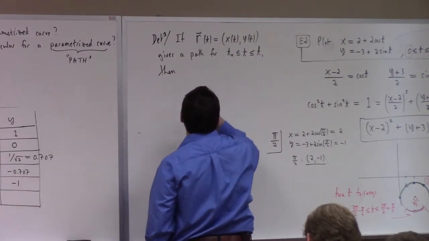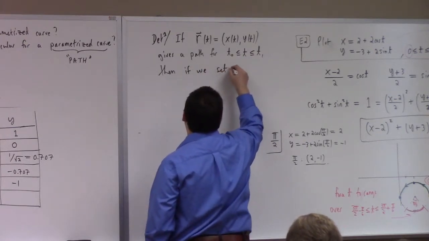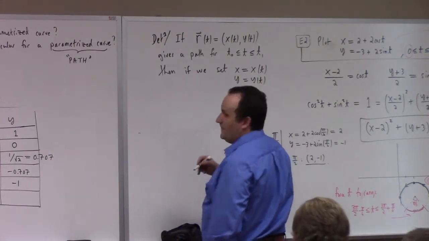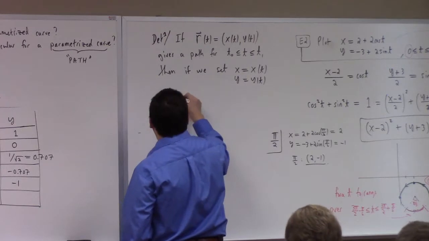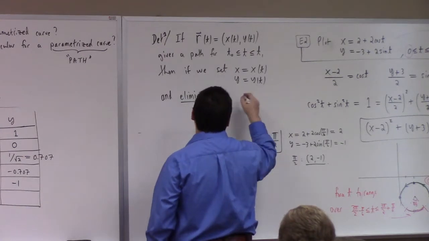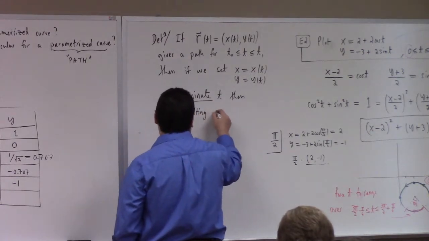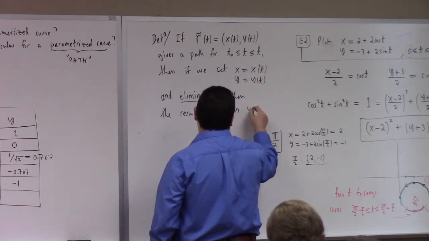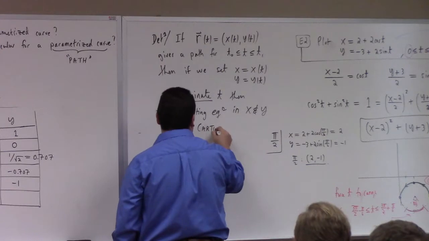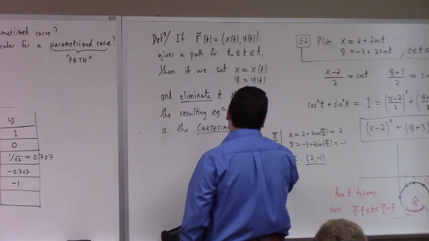Then if we set x equals x of t and y equals y of t, and eliminate t somehow, then the resulting equation in x and y is the Cartesian form of the path.